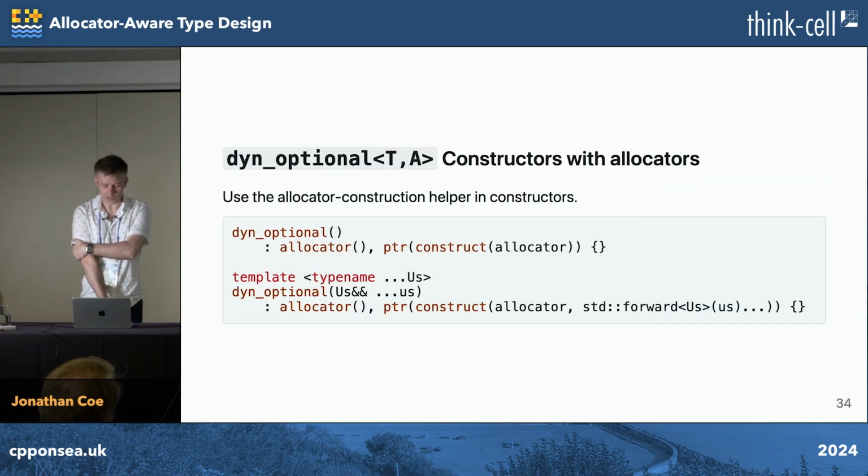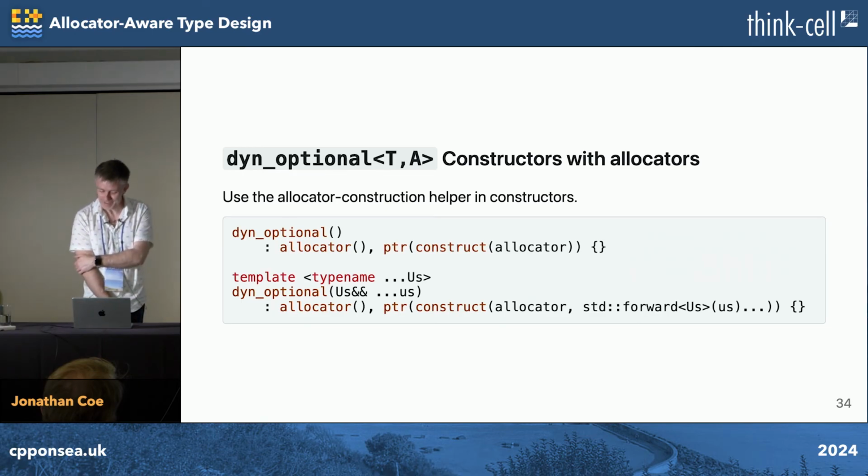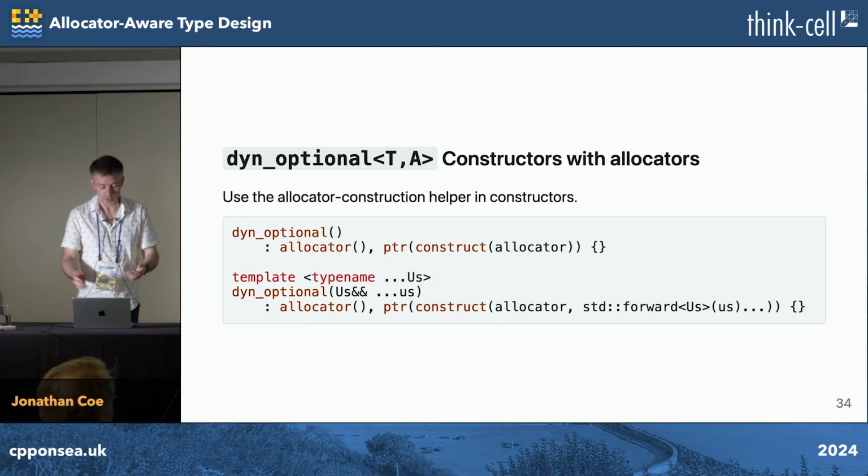So implementing our constructors with allocators, our default constructor. That's not right. No, it doesn't do that. Default constructor should put it in a null state. That is not right. Okay. The forwarding constructor is right. Forwarding constructor will call construct inside pointer, so that pointer now points to the thing returned by construct, which has got these arguments forwarded to it.